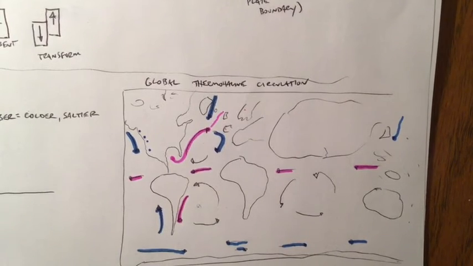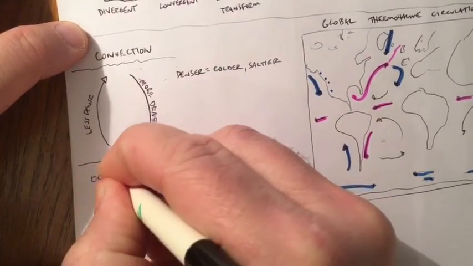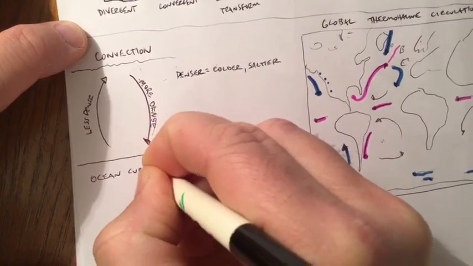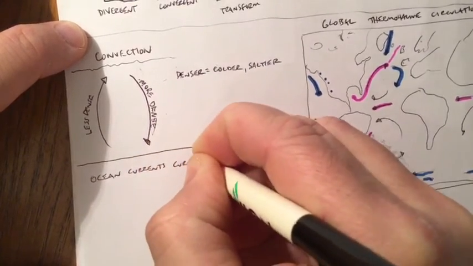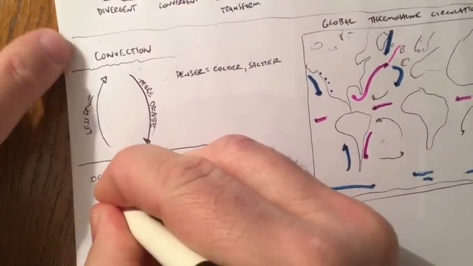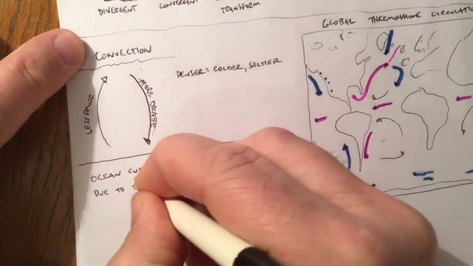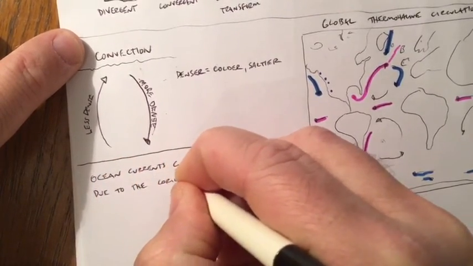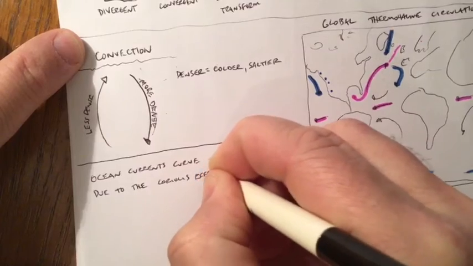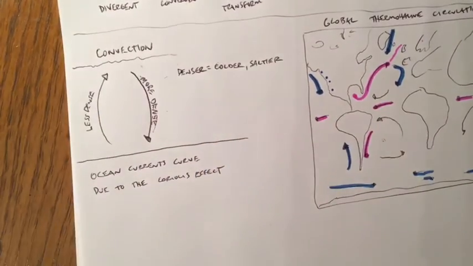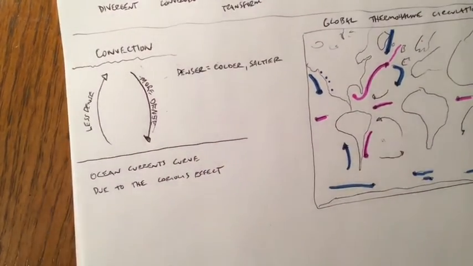All these currents also tend to curve, and their curving is due to something called the Coriolis effect, which is a fancy way of saying the Earth is spinning, so the currents curve.